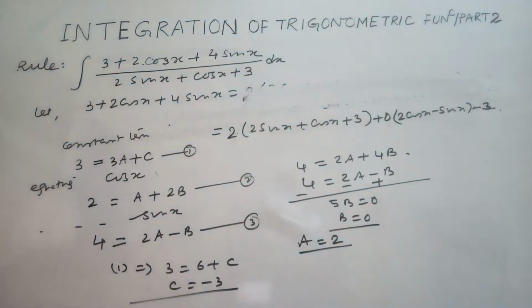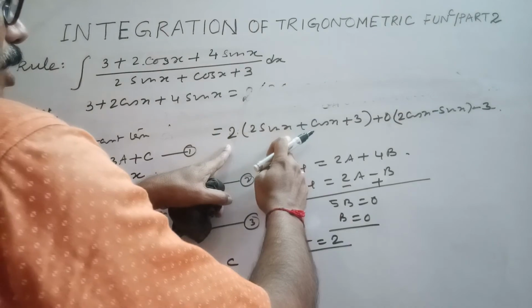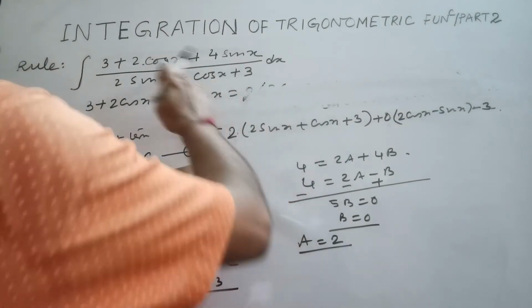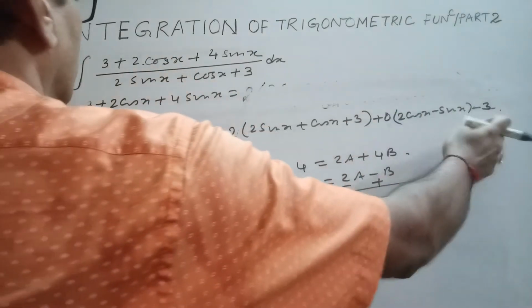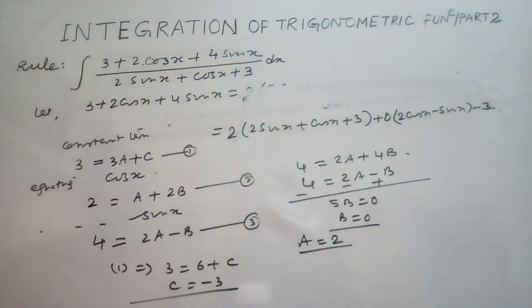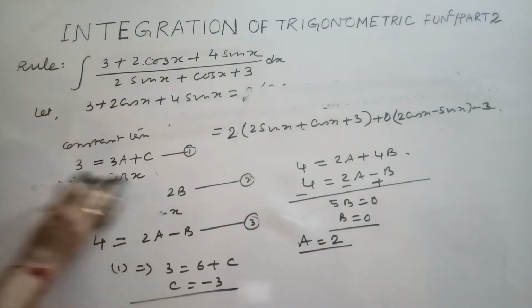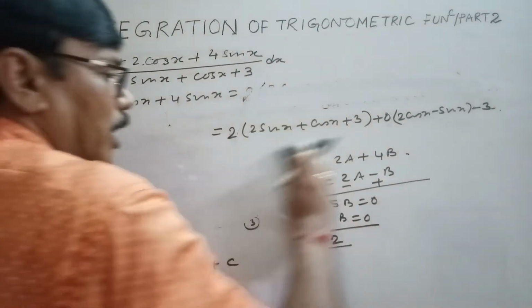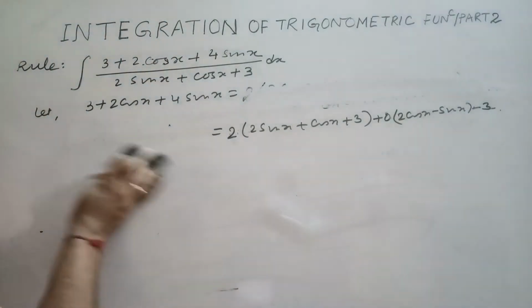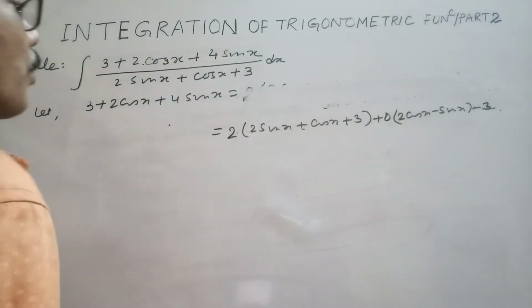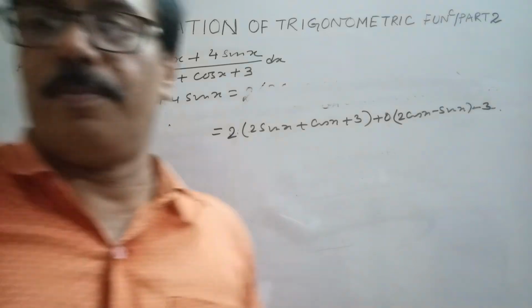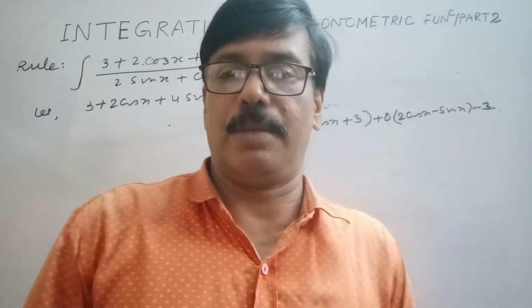So now look, 4 sin x plus 2 cos x, 6 minus 3 is 3. So you are getting the numerator. Our main aim is to find A, B, C.